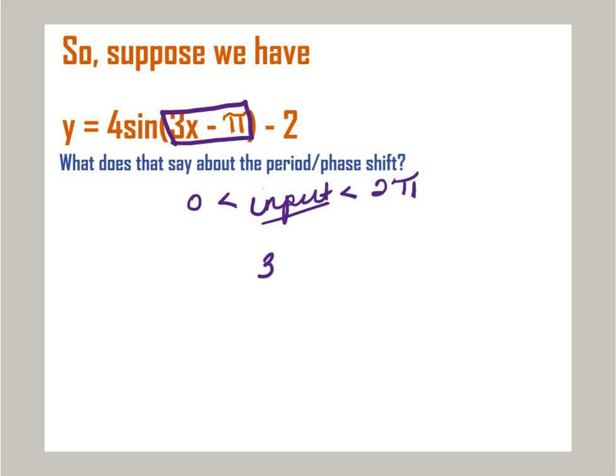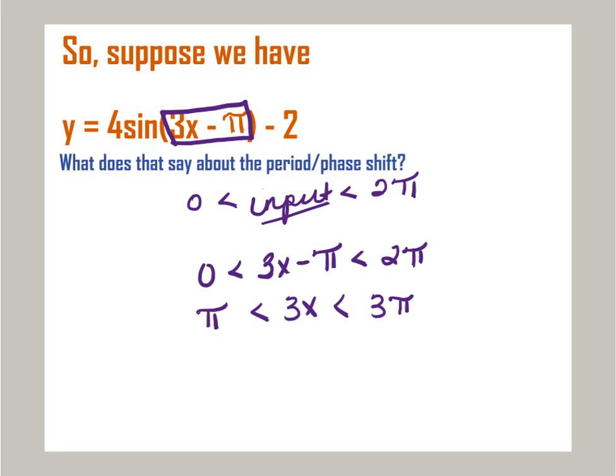So we're going to say 3x minus pi runs from 0 to 2 pi. If we solve this for x, we can figure out what the new period and phase shift are for this transformed sine function. So let's add pi to all three sides, and let's divide everything by 3.